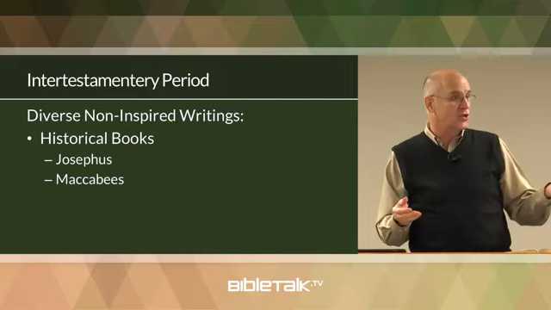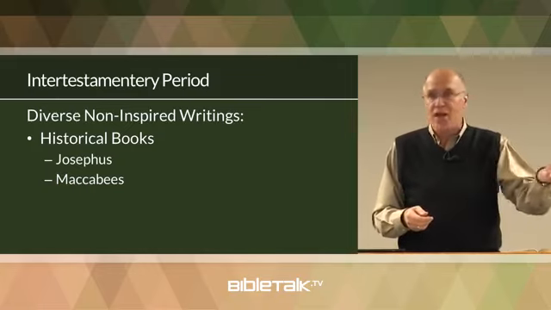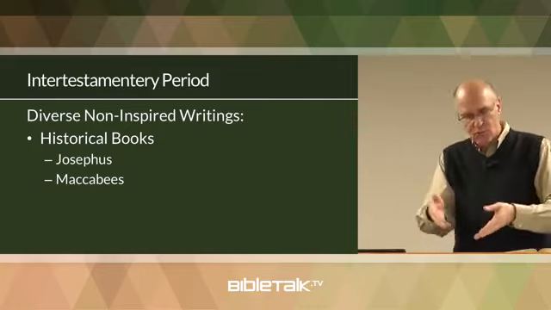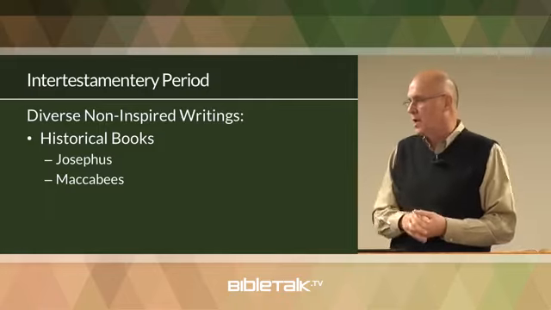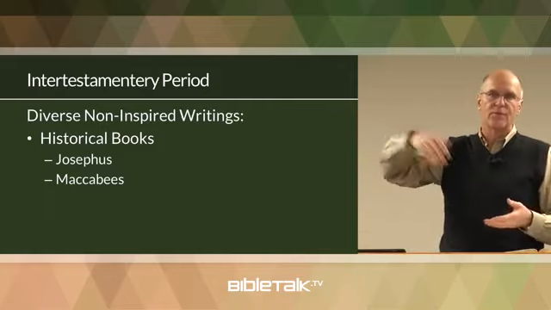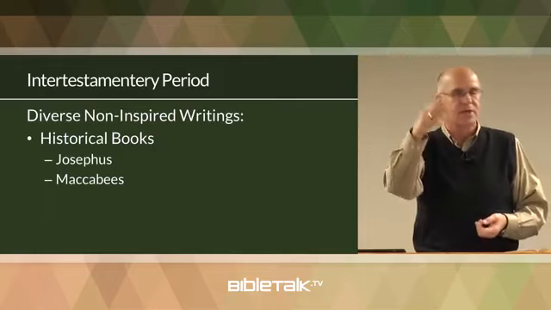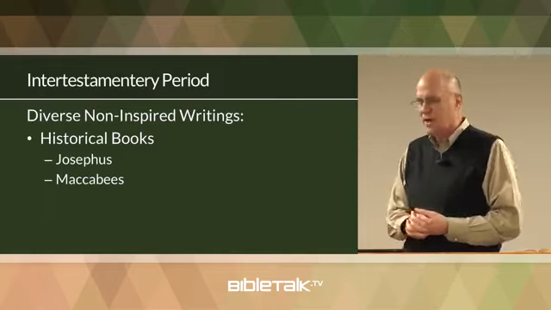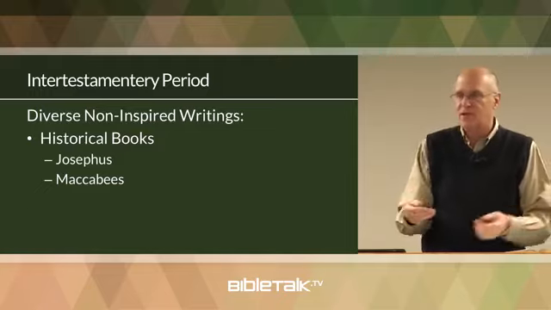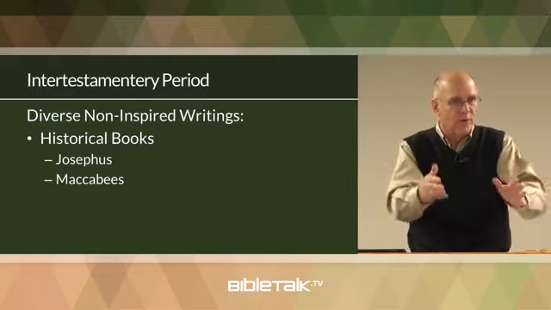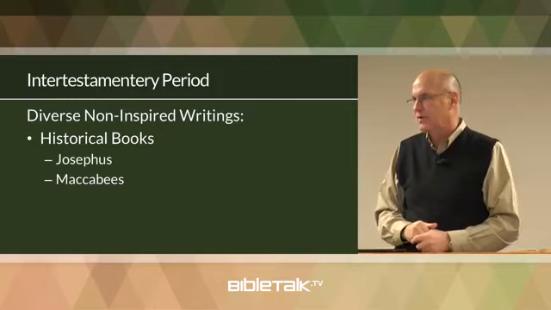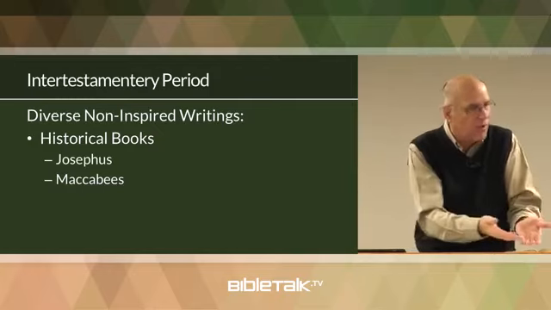He's the one that writes about James, for example. That's how we know that James, the brother of Jesus, the one who wrote the epistle, was killed. He was thrown from the top of the wall around Jerusalem, down into the rocks, and apparently, according to his record, James didn't die right away, so the Jews went down and they stoned him to make sure that he died, a very terrible death. But that's not recorded in the Bible.